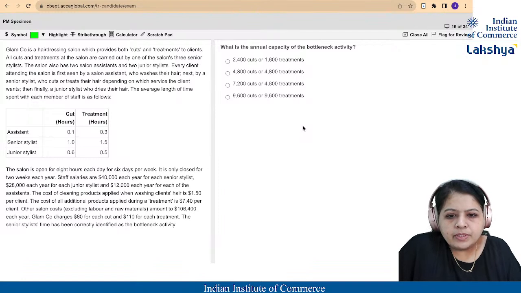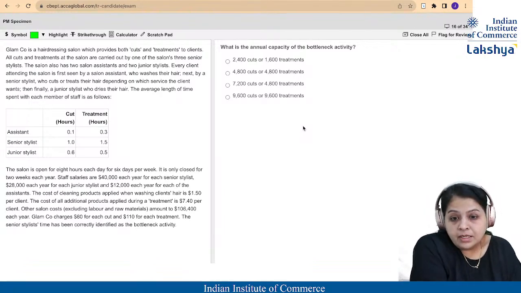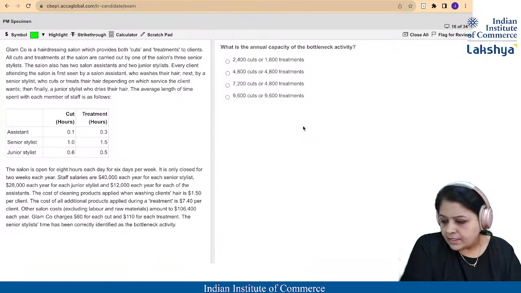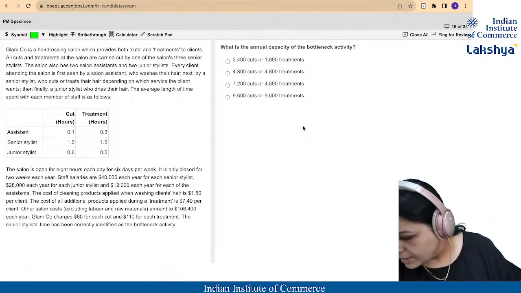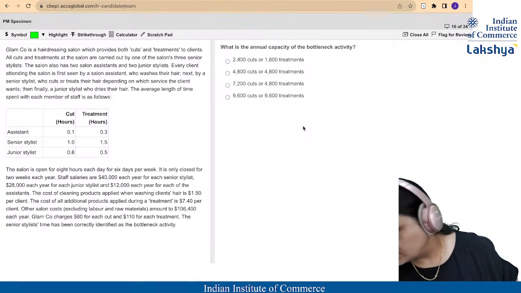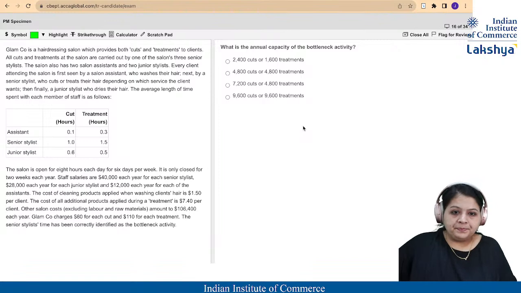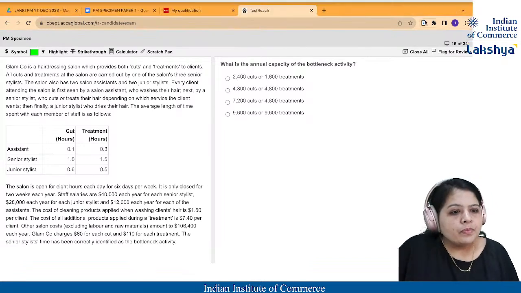All cuts and treatments at the salon are carried out by one of the salon's three senior stylists. The salon has two salon assistants and two junior stylists. I want to keep on writing while I'm discussing so I don't end up missing the info.